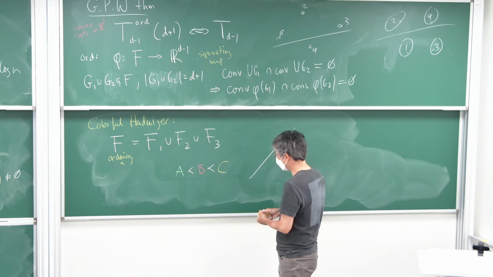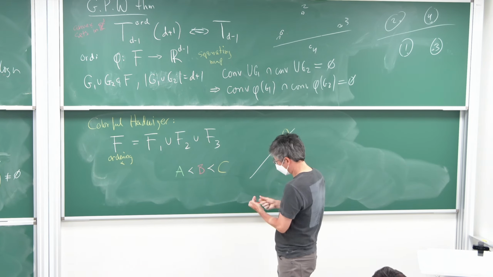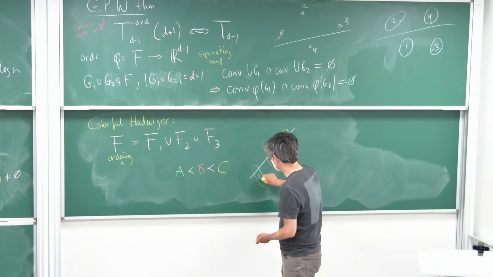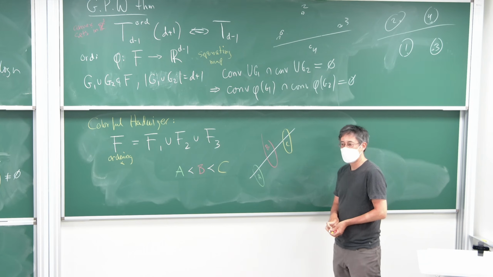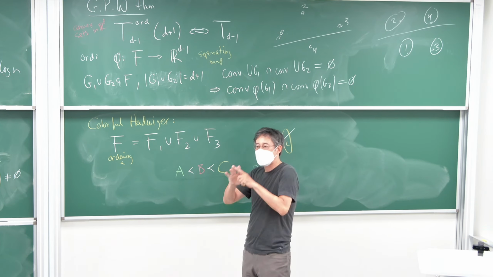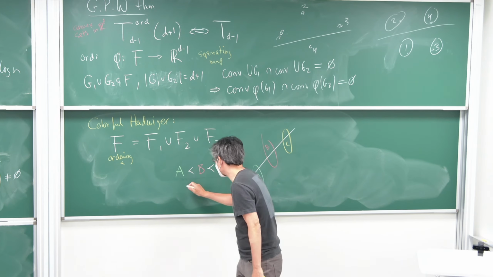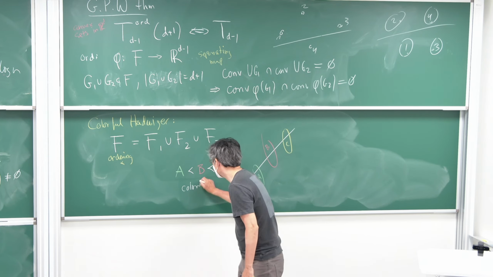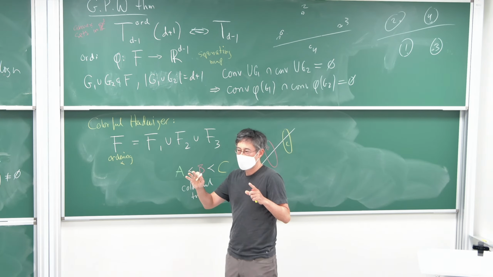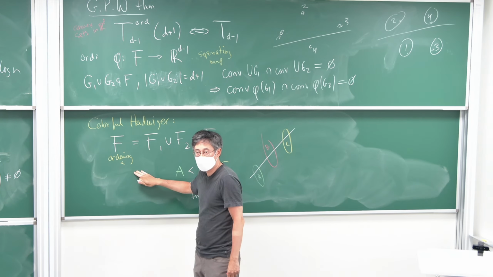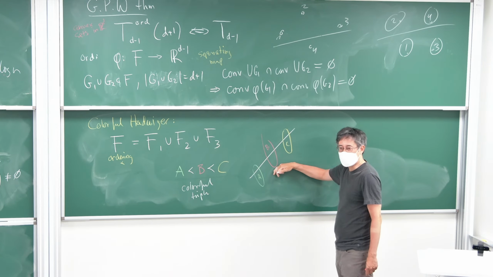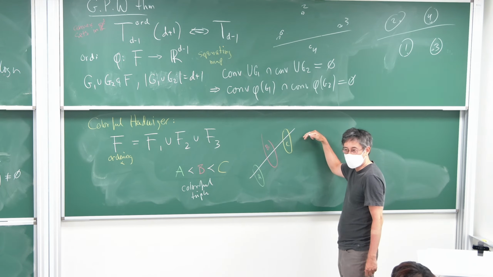Okay, so C, B, A. Does green mean from F1? It doesn't matter. You just take any, we call this a colorful triple. So take any 3 sets of distinct color. They will come in some order, right? And then the line should intersect them in that order.